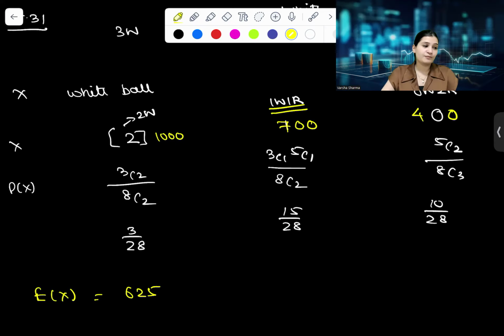I am expecting on average to win 625 rupees, so it covers my participation amount also. So we should play the game. If it equals 400, then it doesn't matter whether you play or not, it's equal chances. If it comes out to be negative, then you should not play.